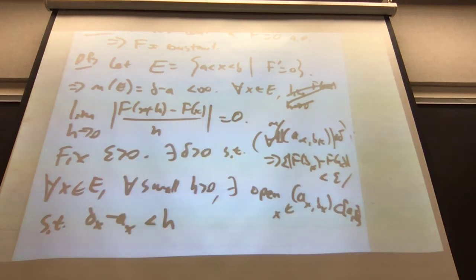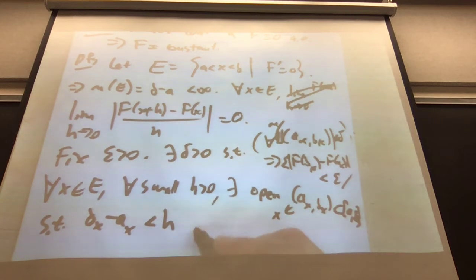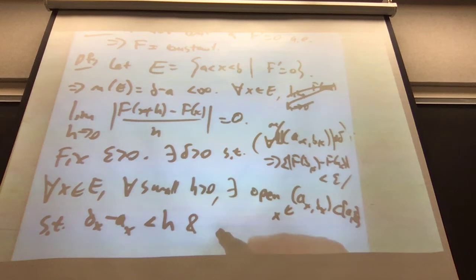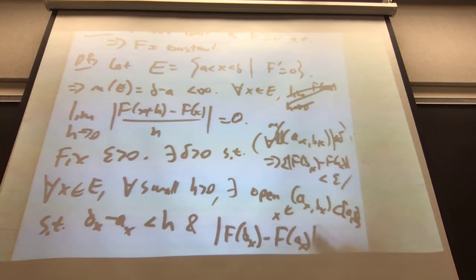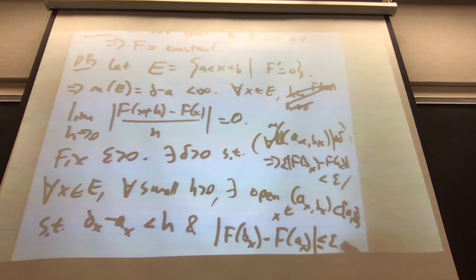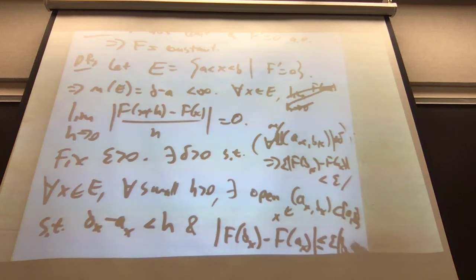So I want these intervals to be of size at most h. And because it's of size at most h, I can make this less than: the absolute value of f of b_x minus f of a_x is at most epsilon times (b_x minus a_x).